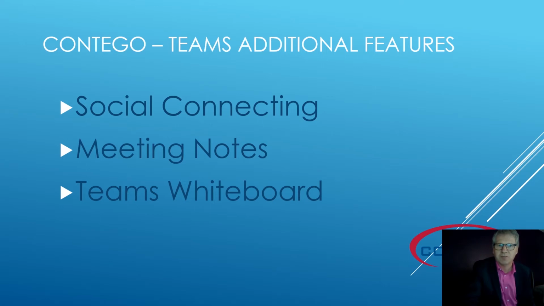I wanted to talk first of all about social connecting and making sure we do that in this time of social isolation. We want to talk about meeting notes and how to use them, and Teams whiteboards, because if you're like me, you've missed your whiteboard and being able to stand up in a meeting and draw something. So those are the topics for today.